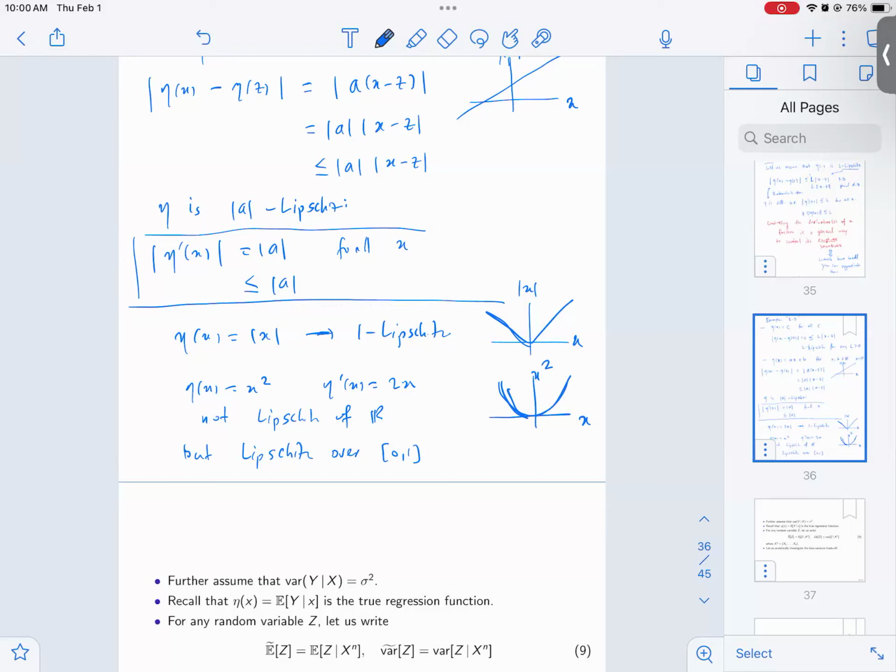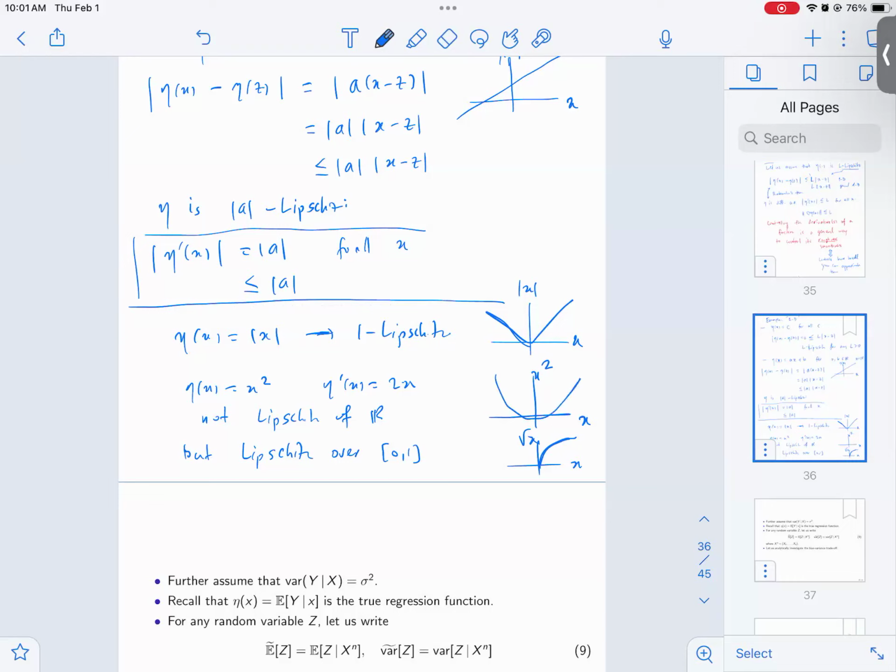Another example is root X. The derivative at 0 goes to infinity. So this is not going to be Lipschitz again at 0. So the domain matters as well.